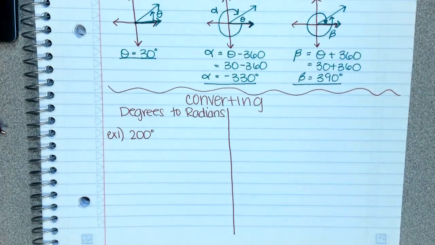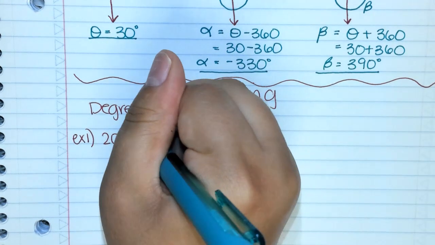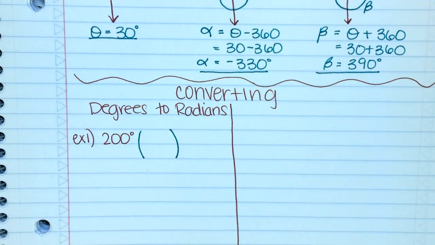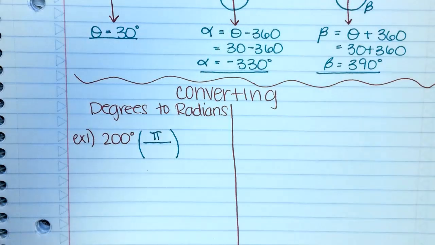Is that one of the special angles that we did? No. So how can I convert this to radians? We're going to multiply by what? We want pi, right? Don't all of my radians have pi? And what is equivalent to pi?